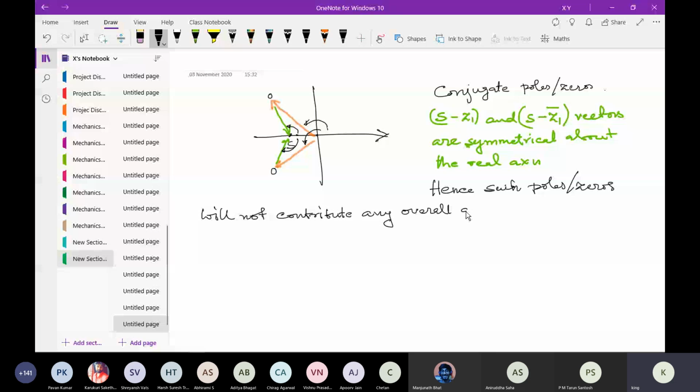One is positive, other is negative, same magnitude. So they are not going to contribute anything.